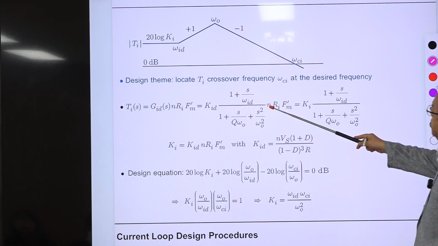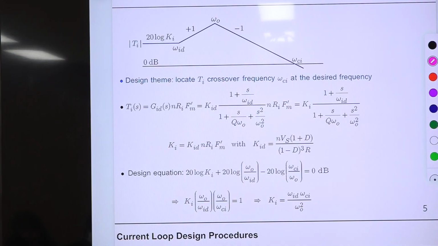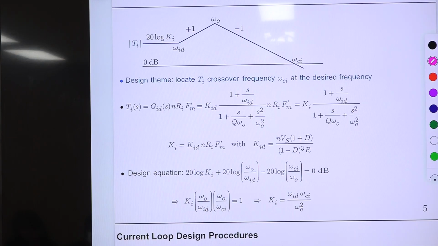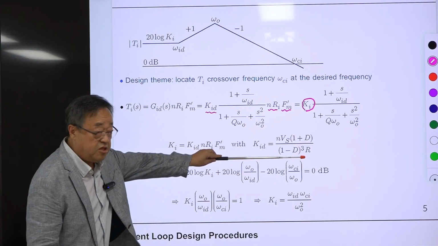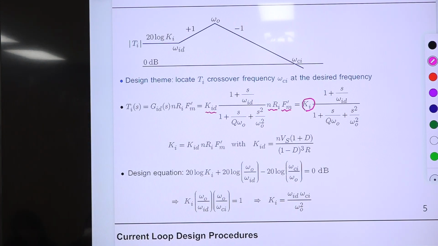So we multiplied, we have a factor N here, and Fm prime is the modulator gain of peak current mode control, and this DC term, KID is constant, and this is constant, this is constant. They are merged into this one constant Ki. Okay, so Ki is this one, and KID is this expression.